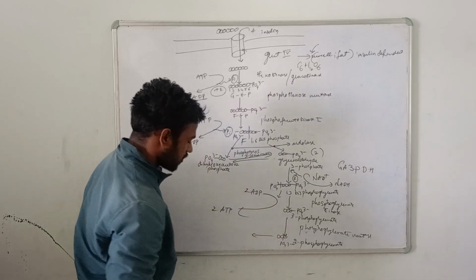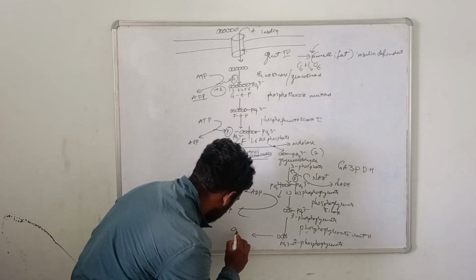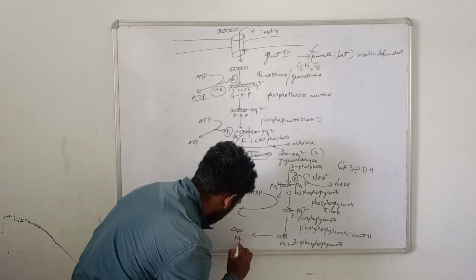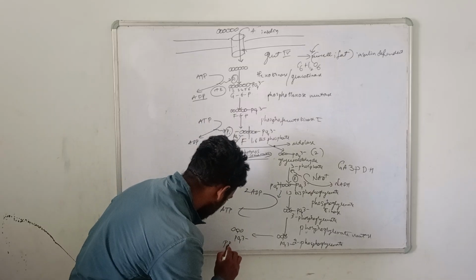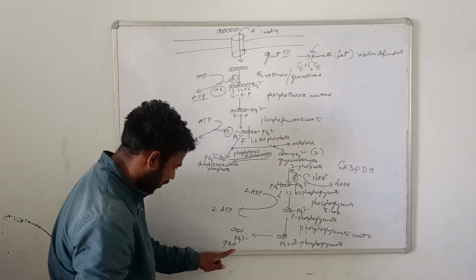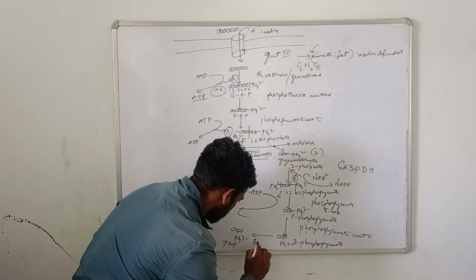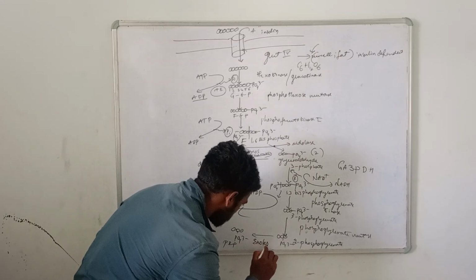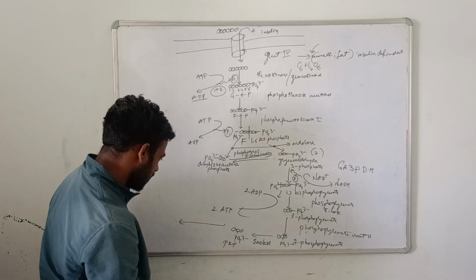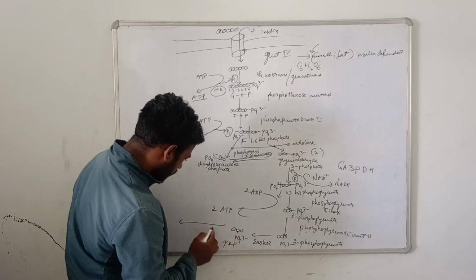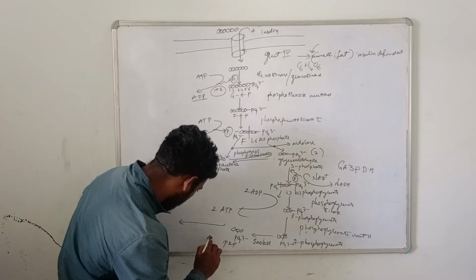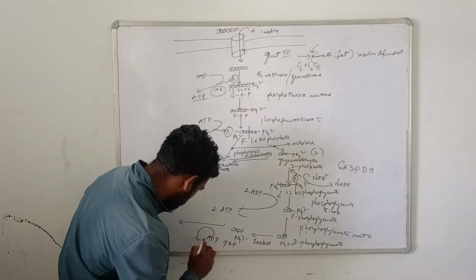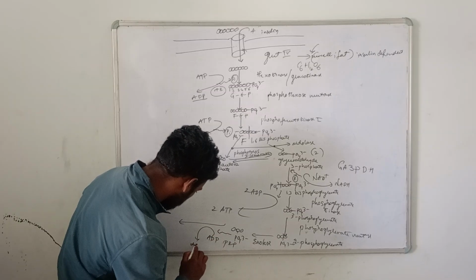Next step, same thing, nothing will change here, but the compound itself will change, just isomerization, and this becomes PEP, phosphoenolpyruvate, with the assistance of the enzyme enolase. In the next step, this phosphate will be broken and this phosphate will be added to ADP. Now again ADP comes here, takes away this phosphate, converts into ATP.